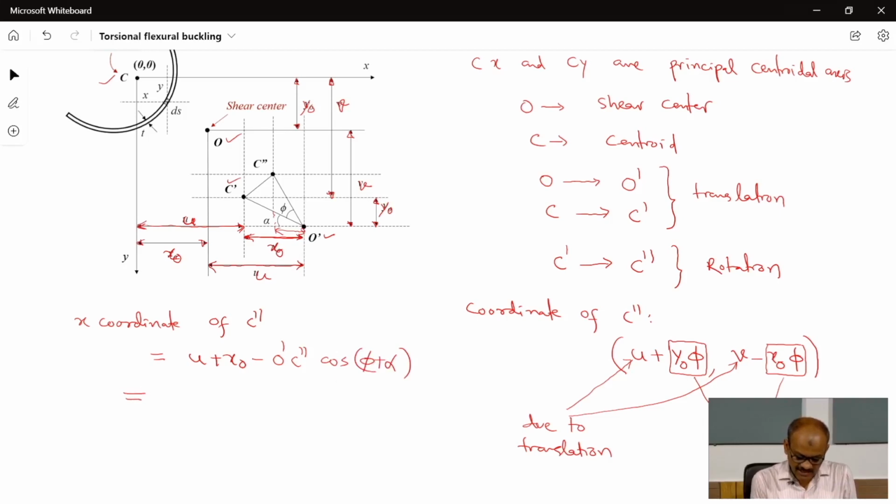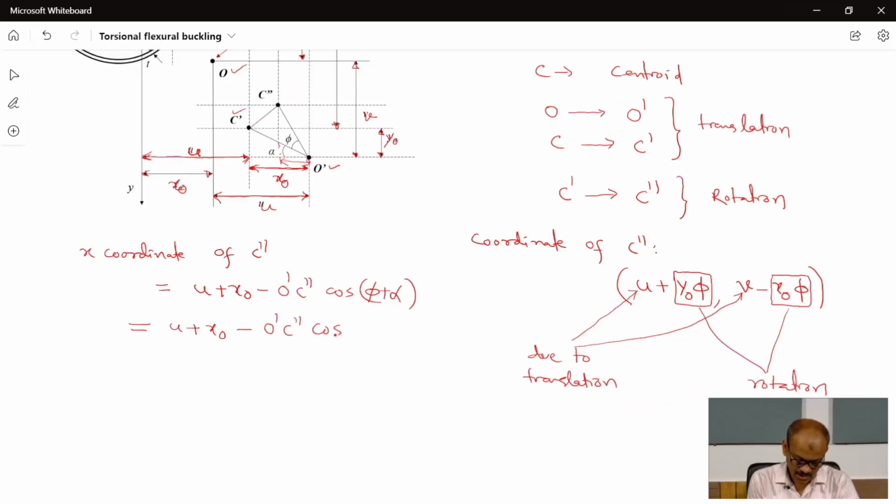If we expand cos of phi plus alpha, it becomes U plus X naught minus O dash C double dash cos phi into cos alpha plus O dash C double dash sin phi into sin alpha.